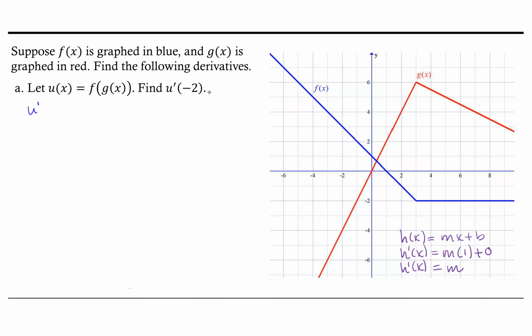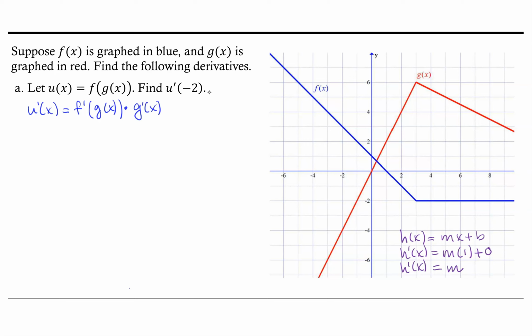So u prime of x, applying the chain rule, will be the derivative of that outer function, so f prime, and you leave the inner function alone, and that inner function in this case is g of x. So we're going to have f prime of g of x. And then the chain rule says we have to multiply by the derivative of that inner function, g prime of x. So that's basically the template for u prime of x.